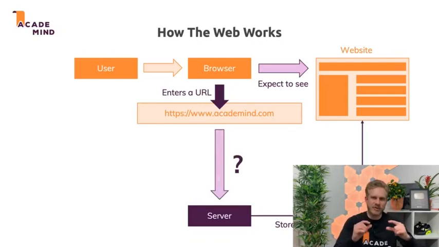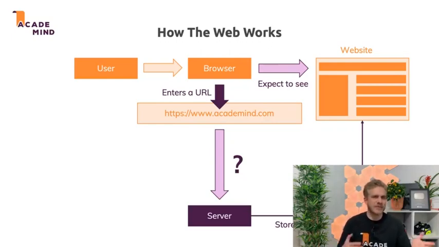But one important question at this point of time already is, how does the server know that we do mean it, the server, by entering academind.com? Is this the address of the server, just like your street and house number is your address? Actually not. The official address of each server is an IP, which stands for Internet Protocol, address.